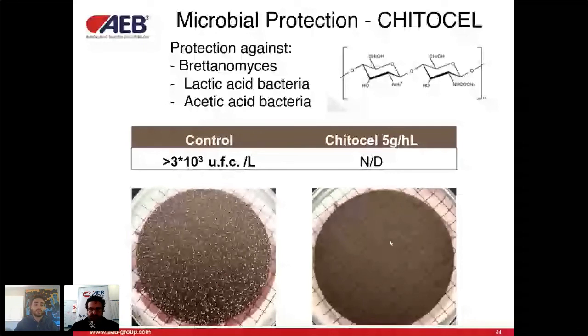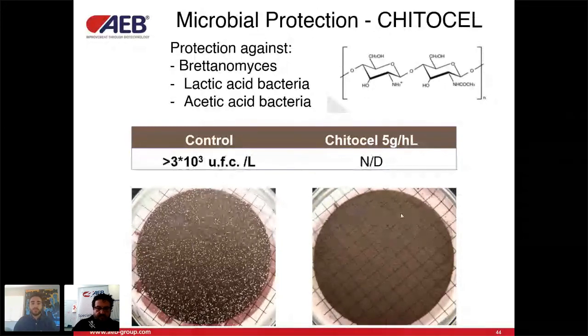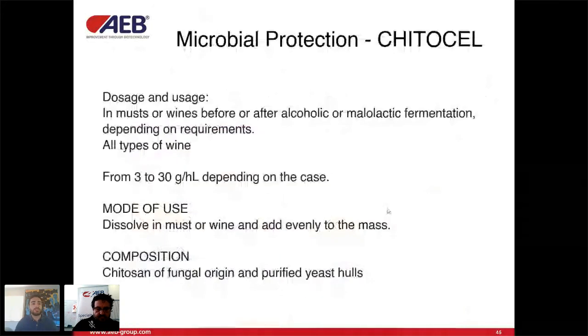And because SO2 can bleach your color, it also improves the color stability of your wine. The usage depends on the contamination of the wine, and when you're using it. You can use it at the beginning of the fermentation because it doesn't have any impact on Saccharomyces growth, or you can use it during aging to stop unwanted microorganisms or Brettanomyces.